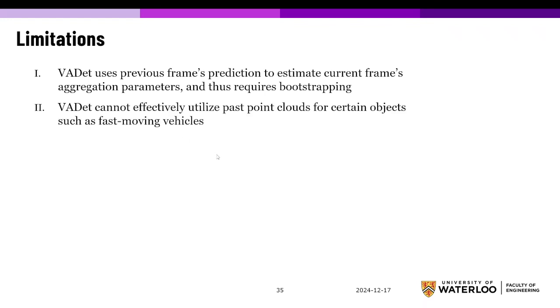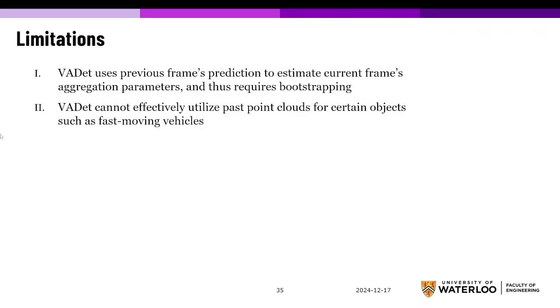And the other thing is, because VADet doesn't really try to utilize the past point cloud to its fullest, we simply limit the number of aggregations so that we don't over-aggregate and cause distortion that can be detrimental to the object detection performance. We still cannot really effectively use past point clouds to determine the location or the class of the objects in the current point cloud.